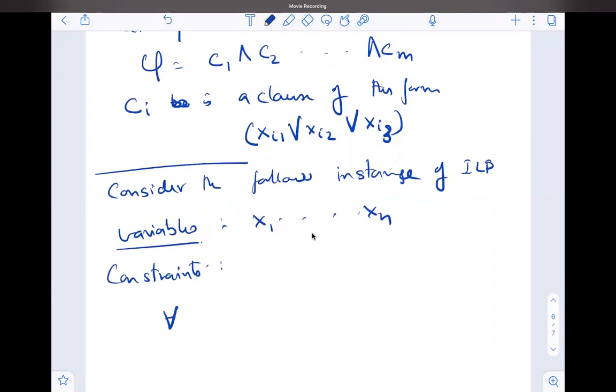Yeah, so first of all, you are right. The first set of constraints is that the xi's are either 0 or 1.